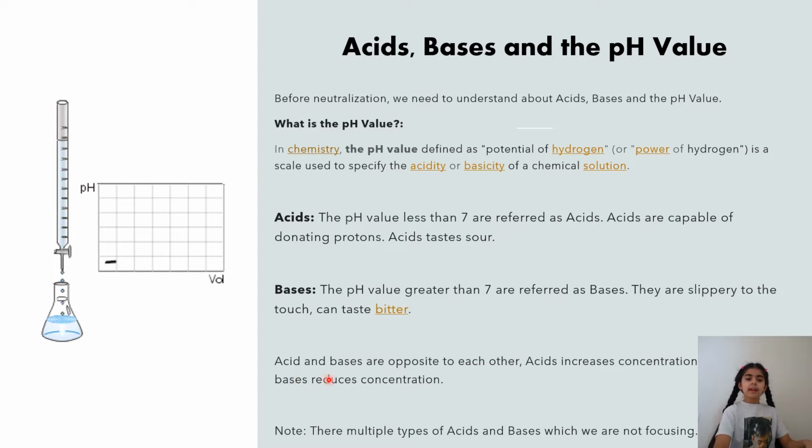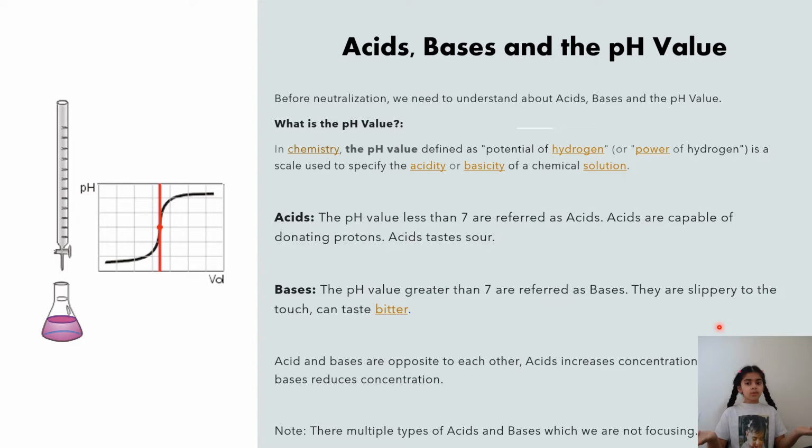Acid and base are opposite to each other. Like we discovered, the pH values are different from each other. Acid increases concentration, like we learnt in our previous videos about increasing concentration and decreasing concentration.